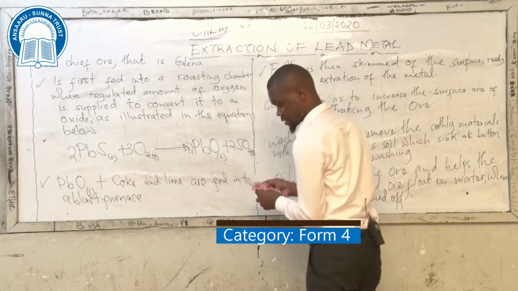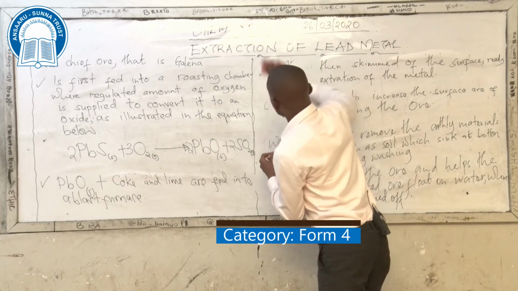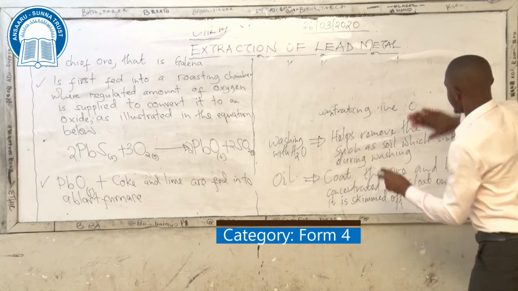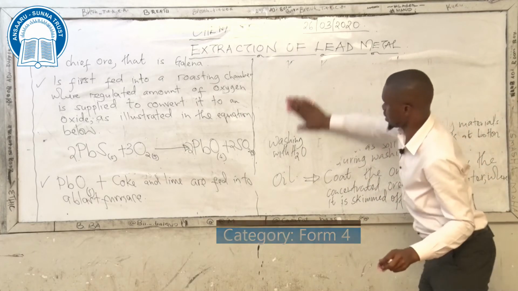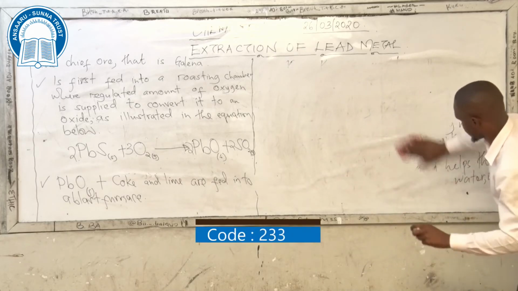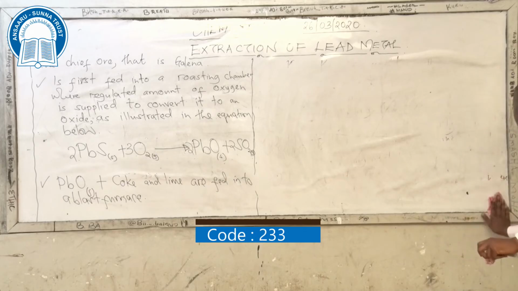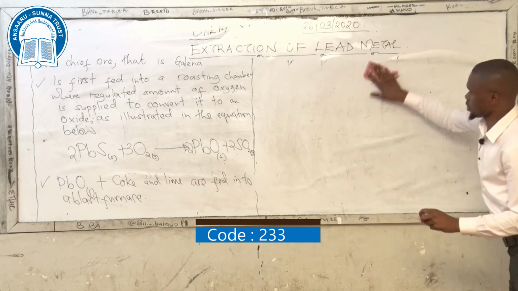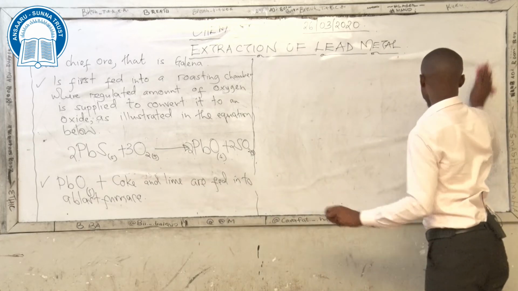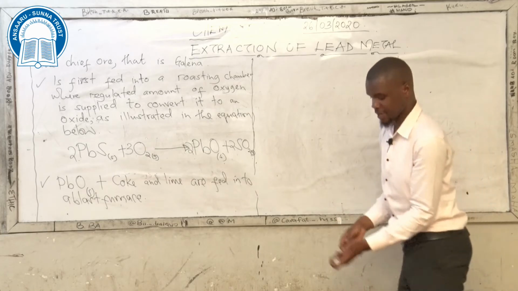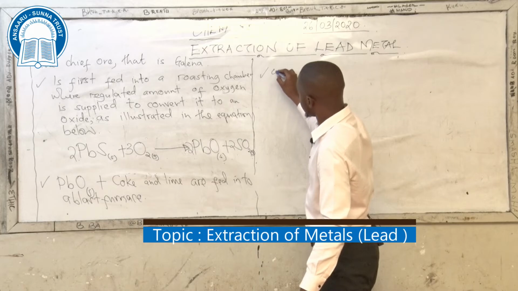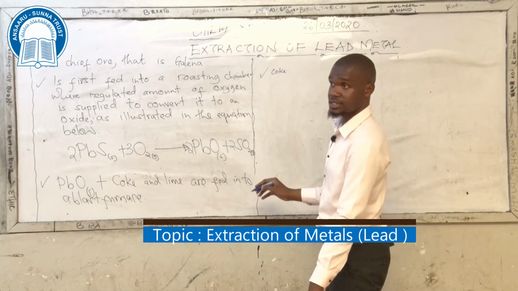Now, in the blast furnace is where we have the reduction process, where the main method we talked about, reducing the oxides in order to get the metal, is done. So what happens there? We have fed coke into the furnace.